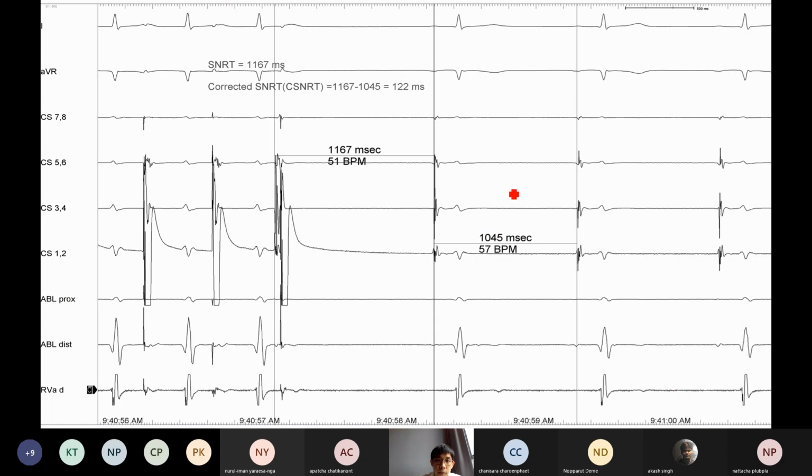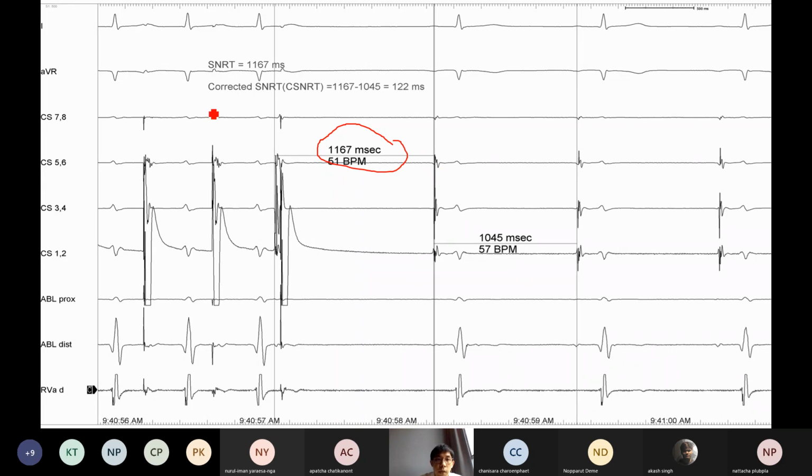Here is another example. You pace from the atrium and you stop, and you measure from the last atrial stimulus to the first sinus beat, and you have a sinus node recovery time of 1167 milliseconds.